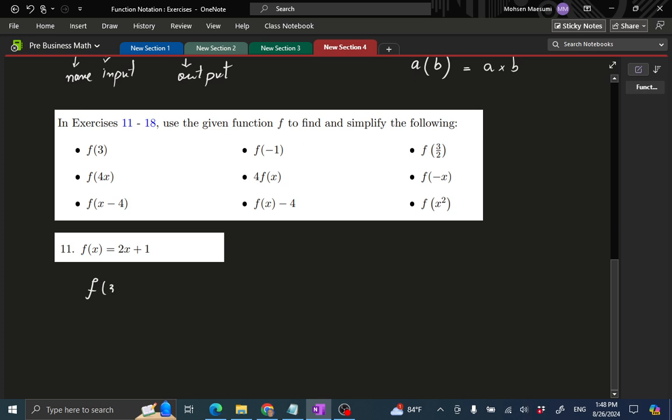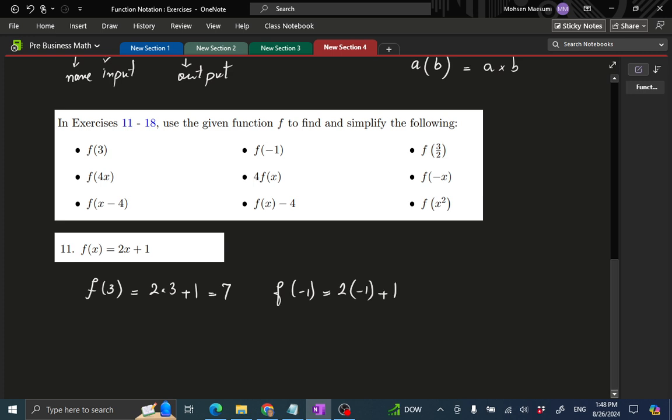So what's the first one? The first one is f of 3. So again, you emphasize it's not multiply anything by 3, rather replace your x by 3. So 2 times 3 plus 1, that was easy, it's just 7. How about f of minus 1? F of minus 1, well, f of any input is double of that input, so twice minus 1 plus 1.